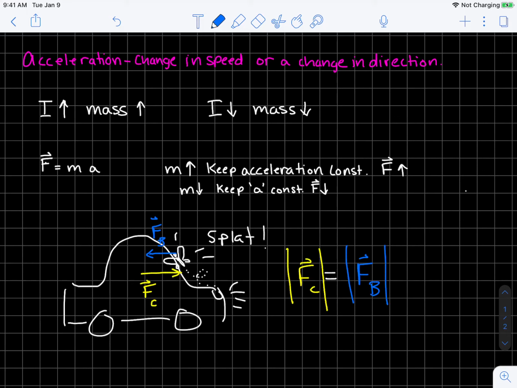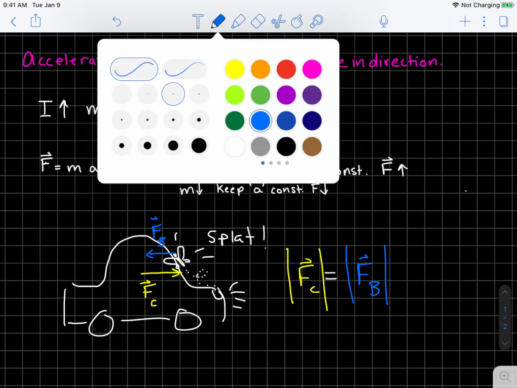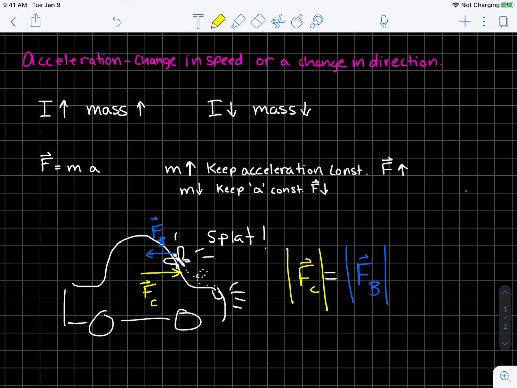Now you're thinking to yourself, well, how can that be? Because the bug is so little and the car is so big. And you're exactly right. How can that be? Well, the mass of the car is huge, right? So we're going to use this big M to represent the huge mass of the car. But the acceleration of the car when the bug hits it doesn't really change much.